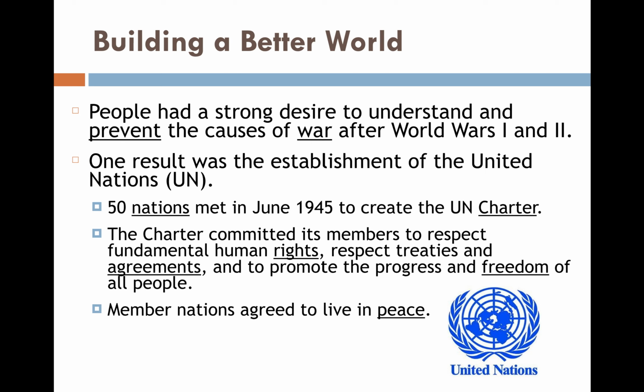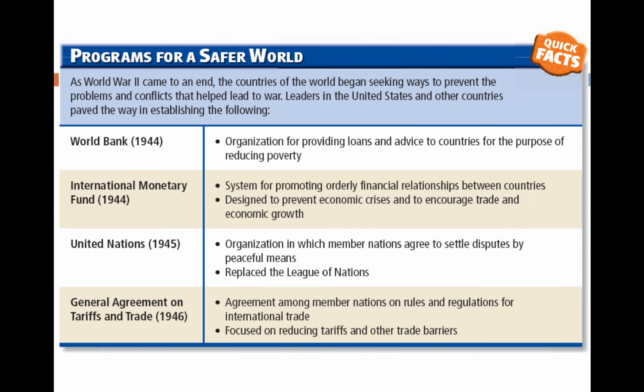And so dozens and dozens of countries, even today, almost all countries in the world belong to the United Nations. There are several that don't, like North Korea, which we'll go into more next week. But the goal here is, how can we try to prevent conflict by working out our problems and promote progress and promote freedom among all people before we end up going to war.